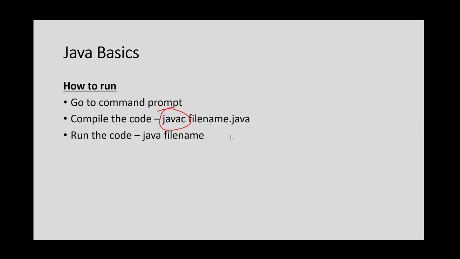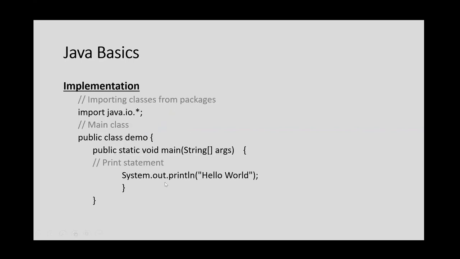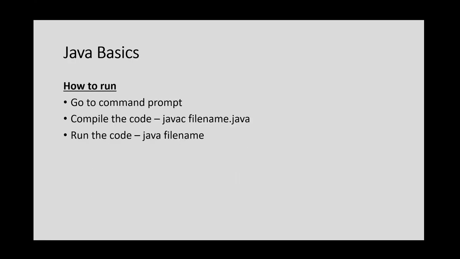Okay. So once we write the code, as we see here, you will save it. And one thing which I wanted to say is we will be creating the main class, correct? In Java, the main class name should always be your file name, so your main class name and your file name should be the same along with the extension .java.